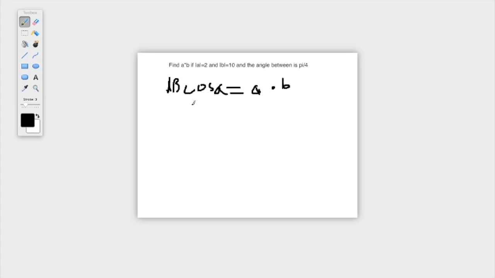It leads to the same answer, because if you multiply the magnitudes of A and B on both sides of the formula, you get the same thing. When you plug everything in, you should get an answer of 14.14.